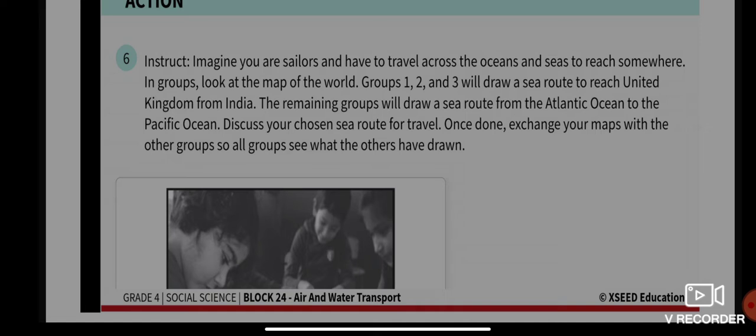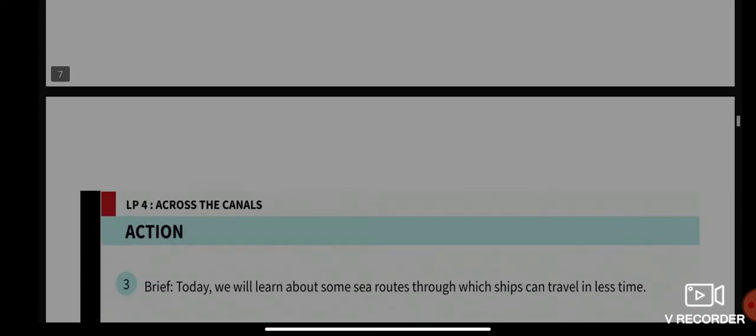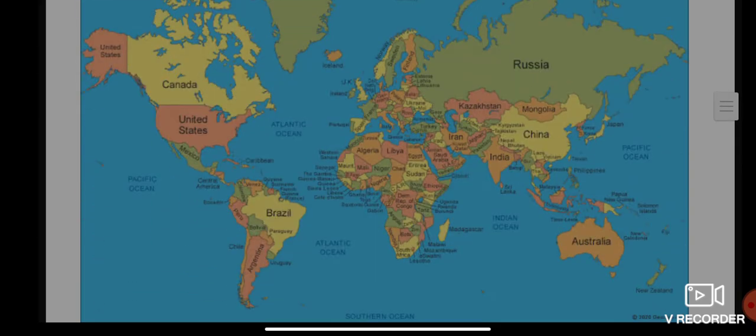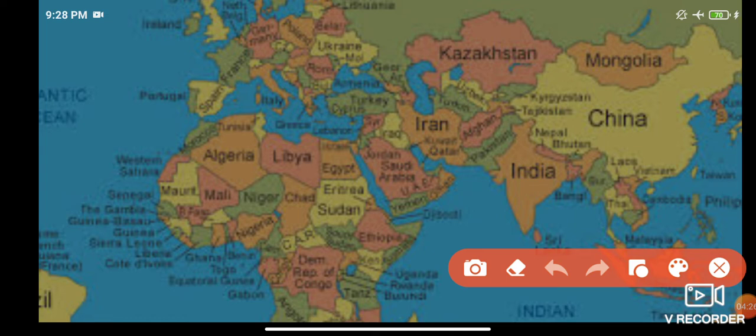So imagine that you are a sailor and you want to go to the United Kingdom from India. You have to draw a sea route to reach the United Kingdom from India. Remember, this is India and this is the UK. From India you are going to the UK through a sea route.